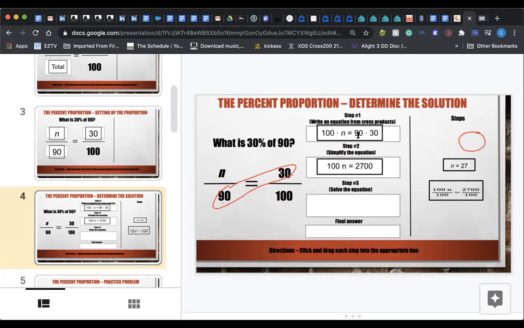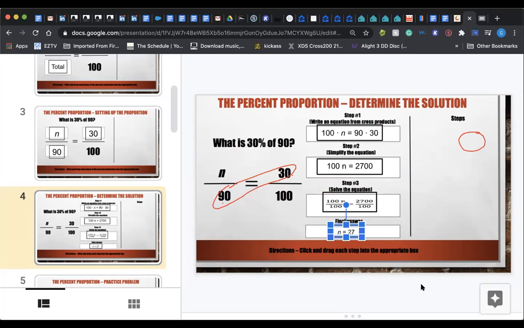When I simplify the 90 times 30, I'm going to get my 2,700. Now I'm going to solve the equation by dividing both sides by 100. After I divide both sides by 100, I'm going to get my answer, which is 27.